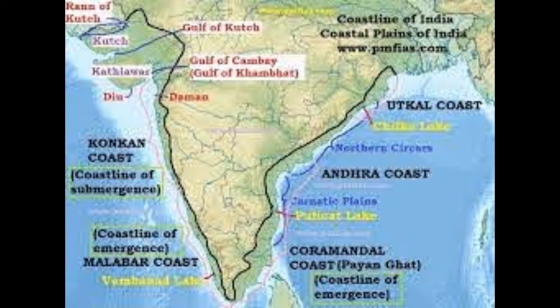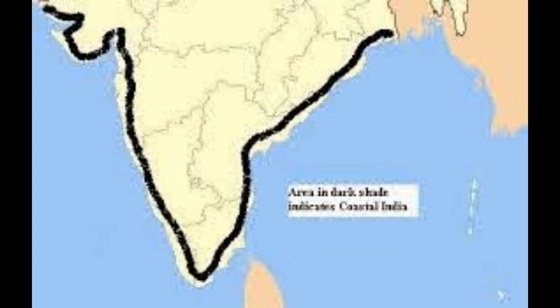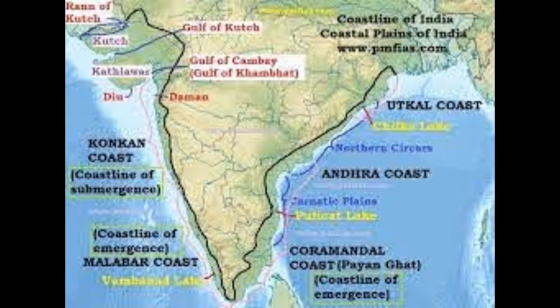Now look at the eastern coast, where is its location? Between the Bay of Bengal and the Eastern Ghats. Let's see where the west coast begins and ends. It begins at the Rann of Kutch and ends at Kanyakumari.